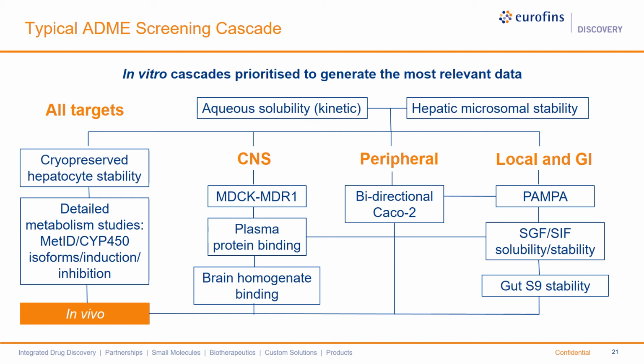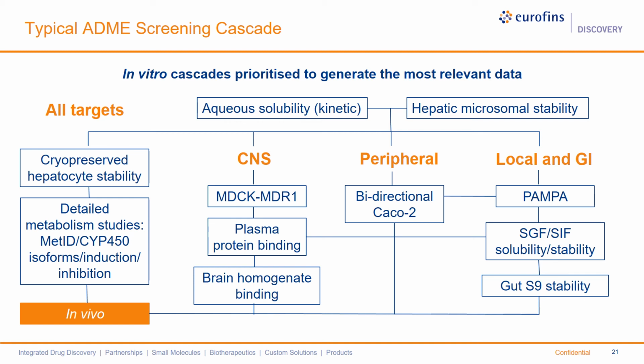But there are certain cases where particular assays in the ADME portfolio are more relevant. A good example would be for drugs that are orally administered, where one is looking at local and gastrointestinal features of a drug's stability or its metabolism or its solubility.